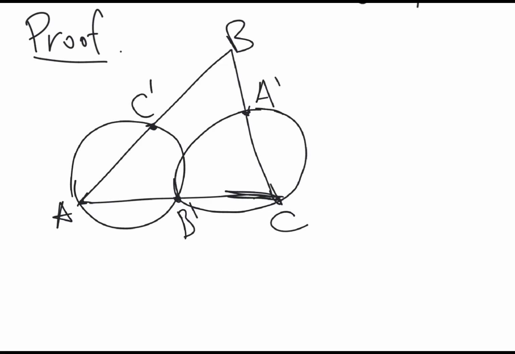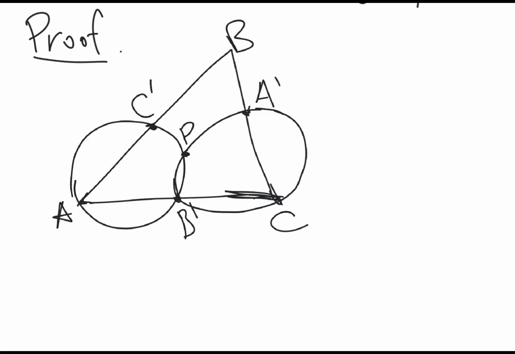Now we consider the intersection point of these two circles, let's say P. So this is the point P. And what we are going to prove now is that P belongs to the third circumcircle.